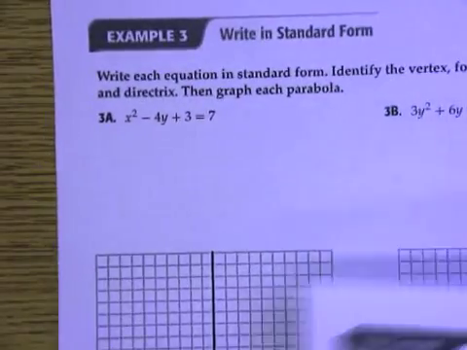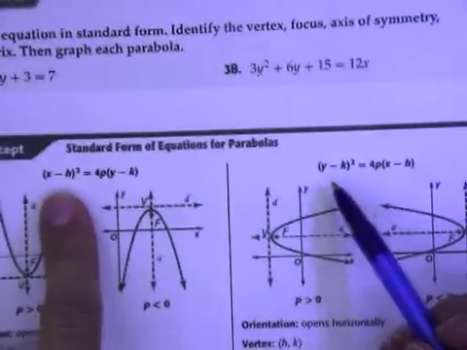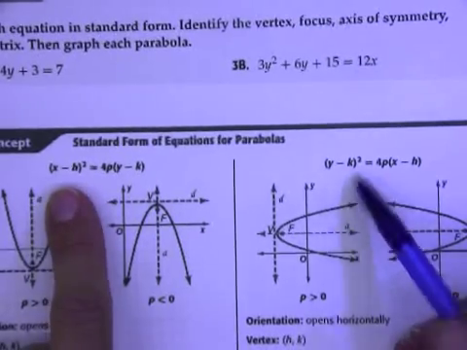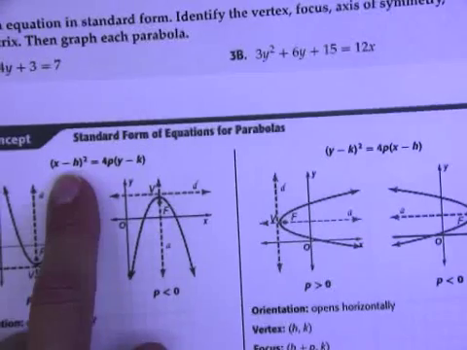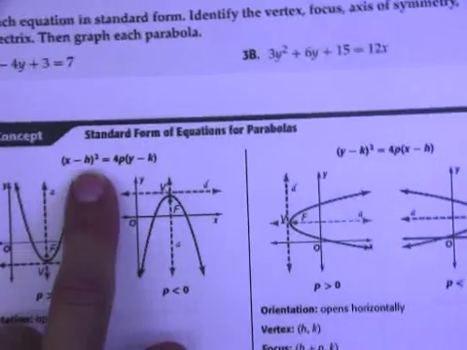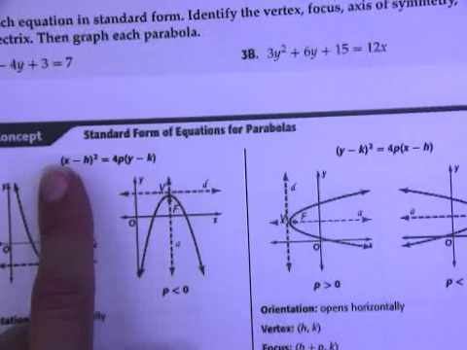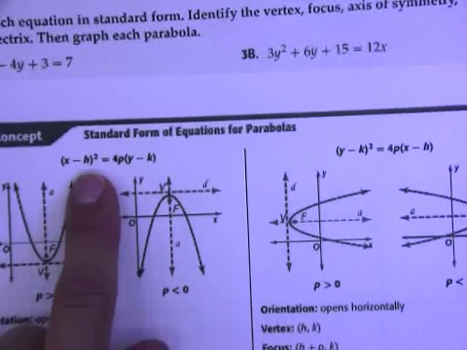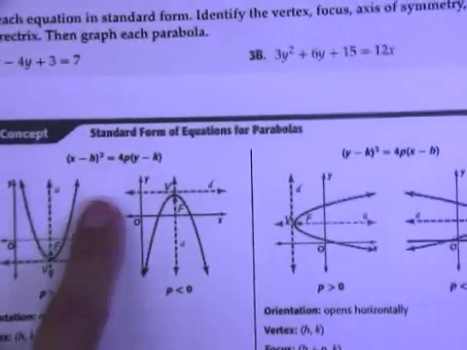In example 3, this time the equation is not in standard form, so we need to move and shake it until it gets there. So you need to be really careful about what number goes where. Consider these two forms of the equation. Remember that I have tried to stress upon you as many times as I possibly can.